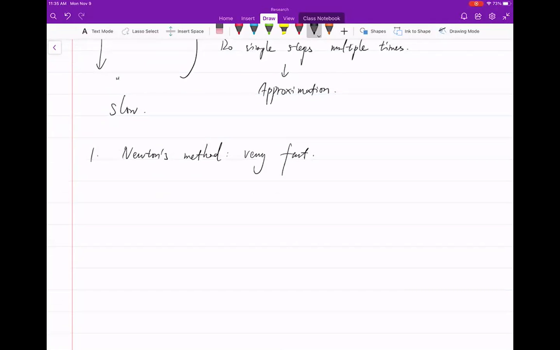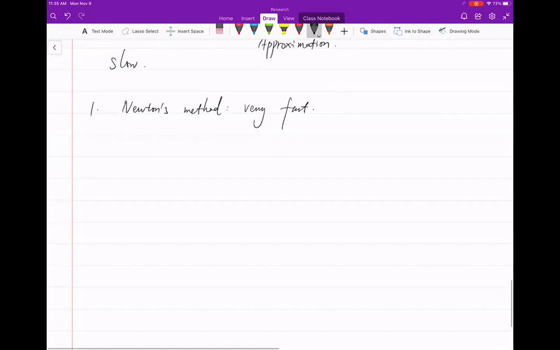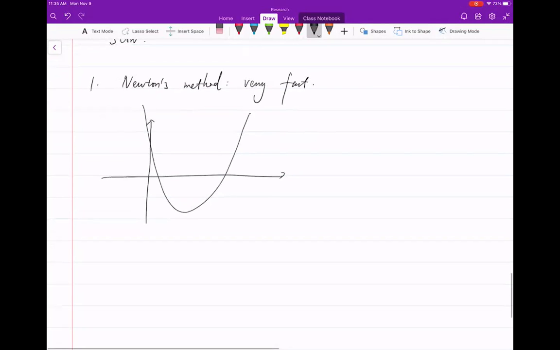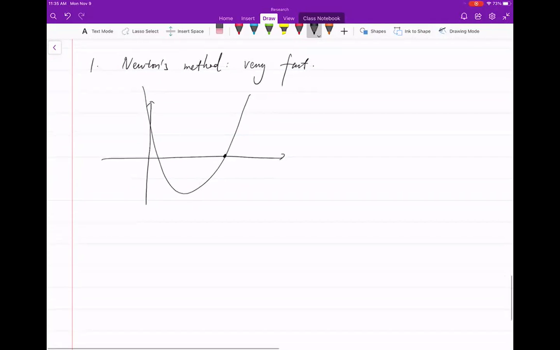This is the idea. Let me draw the graph first. Let's say we have some random function like this. Now, I want to know where this solution is, but I don't. Instead, what I will do is, number one, I will pick X0. Any X0, just pick it randomly.